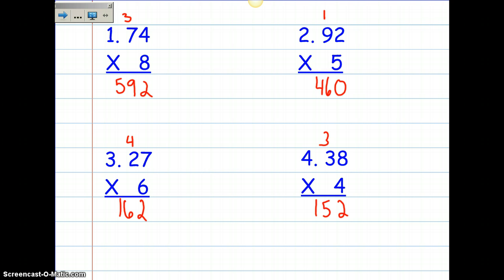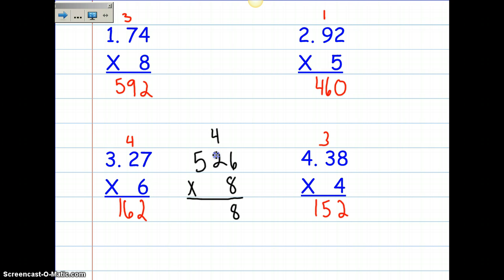Let me give you an example if I would keep going. So ones place times the ones place, 8 times 6 is 48. Then I'm going to carry the 4.